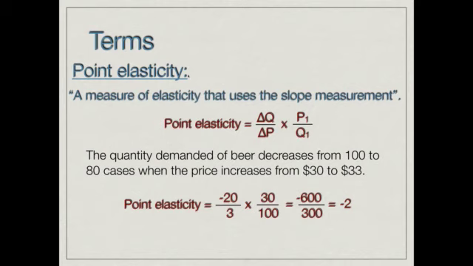With point elasticity you're calculating it at a point, whereas with the percent change method you're calculating it over a range from point A to point B. So make sure you're aware of the shortcomings of the percentage change method in calculating price elasticity, what that issue is, and also how to calculate via the point elasticity method, and how that corrects for the shortcoming of the percent change method.